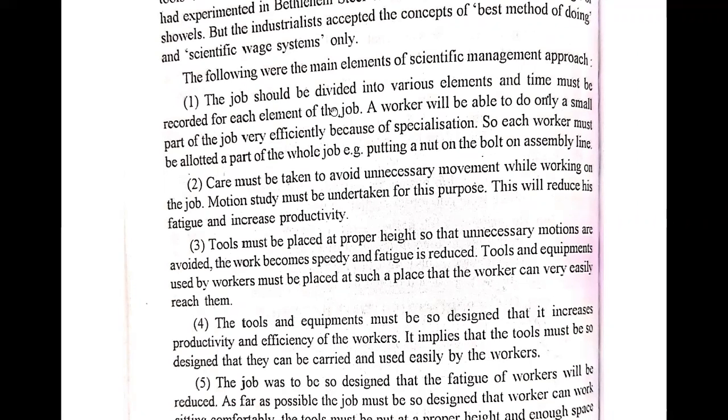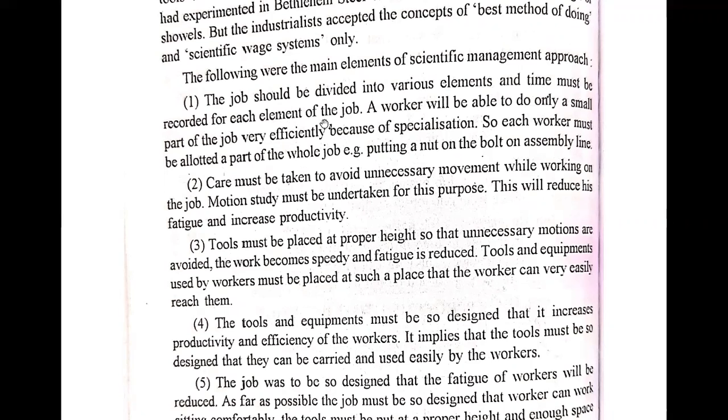The job should be divided into various elements and time must be recorded for each element of the job. A worker will be able to do only a small part of the job very efficiently because of specialization. So each worker must be allotted a part of the whole job. For example, putting a nut on the bolt on an assembly line.